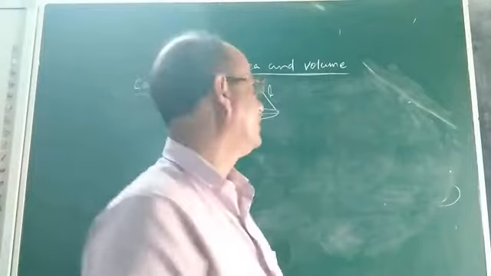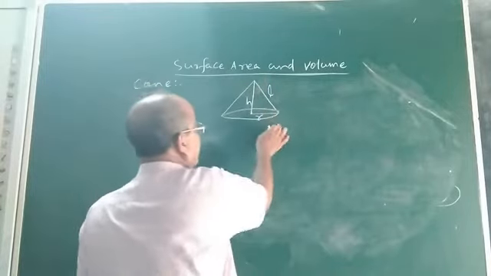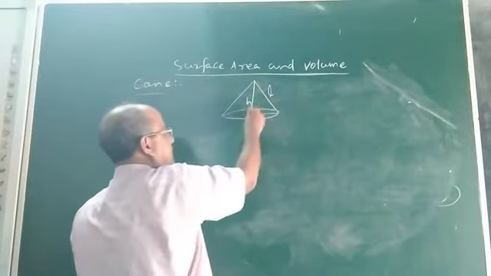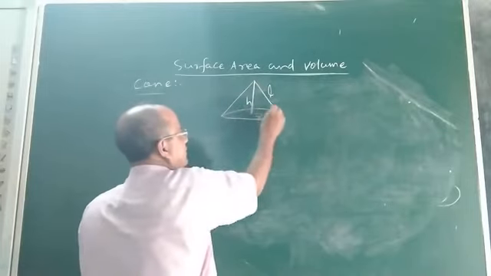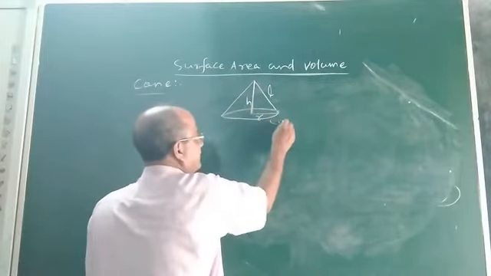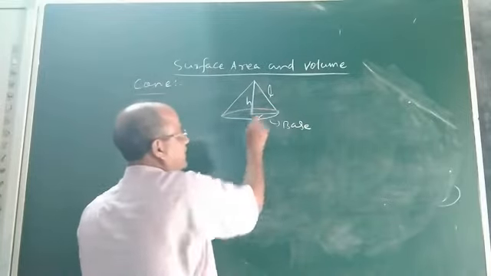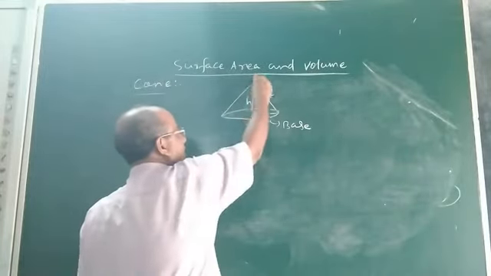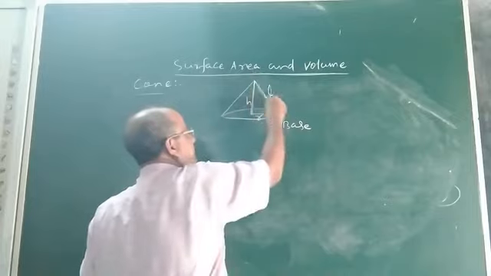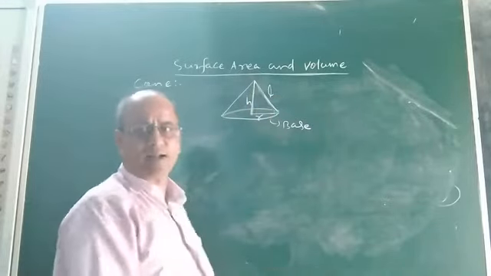Now this is the figure of a cone. This is the height, and this is the base. The base of the cone is a circle having radius, say, r. And what about this other length? This is known as the slant height.